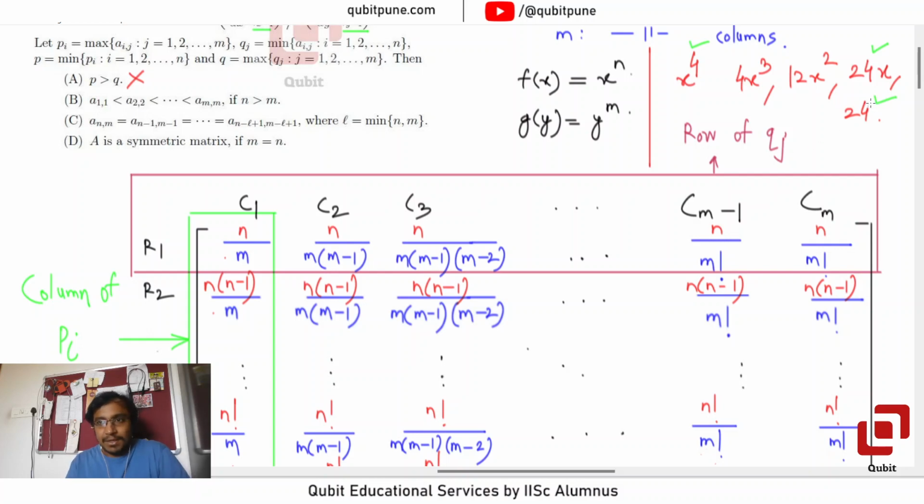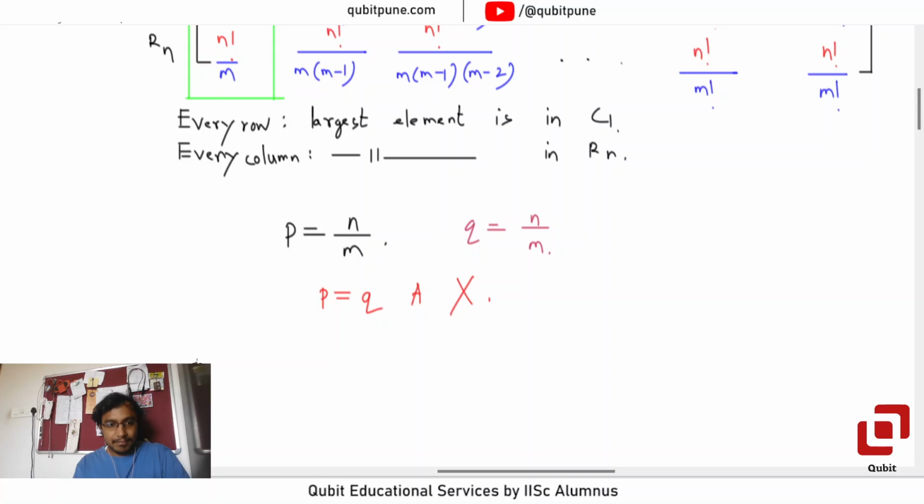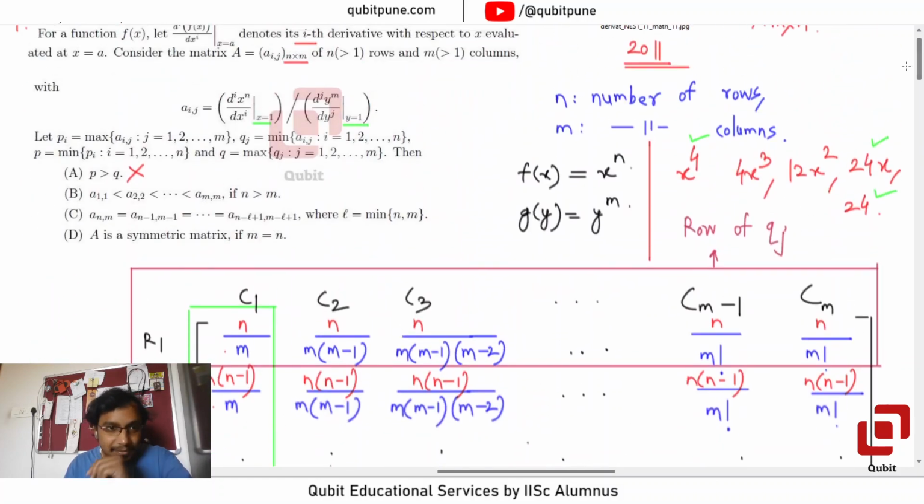A11 is n upon m. A22 is n into n minus 1 upon m into m minus 1, and A33 is n into n minus 1 into n minus 2 upon m into m minus 1 into m minus 2, and so on.